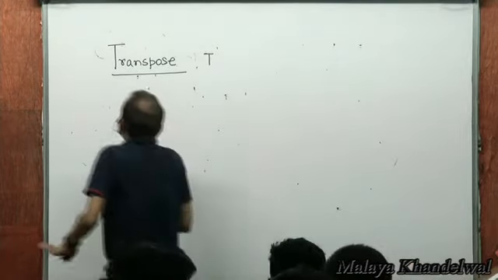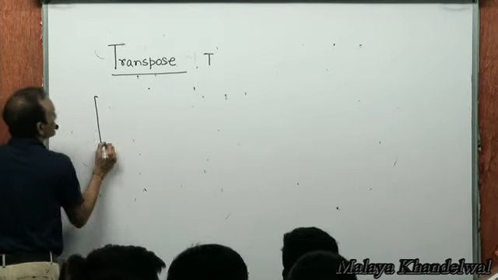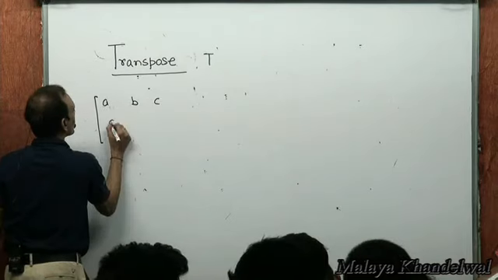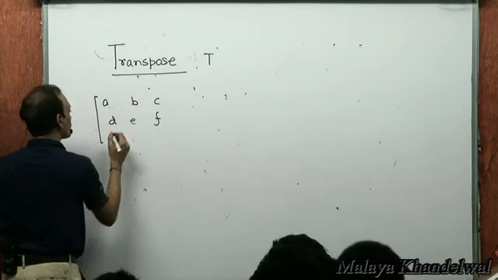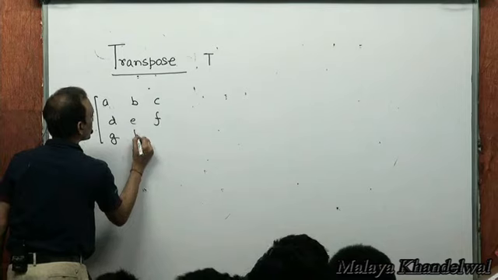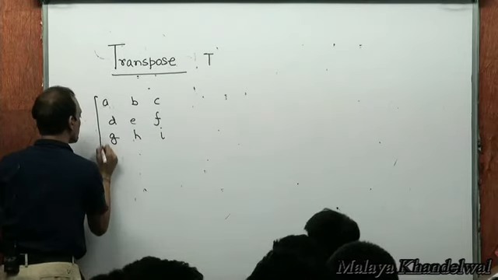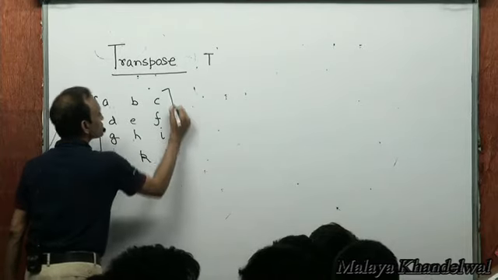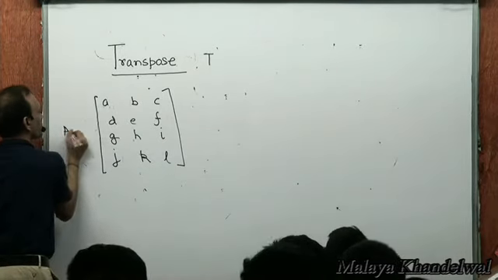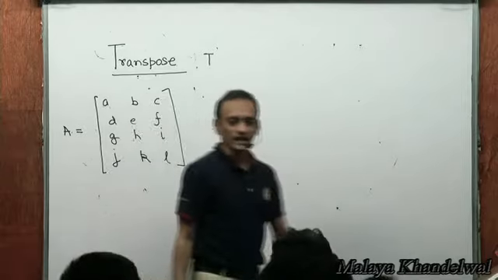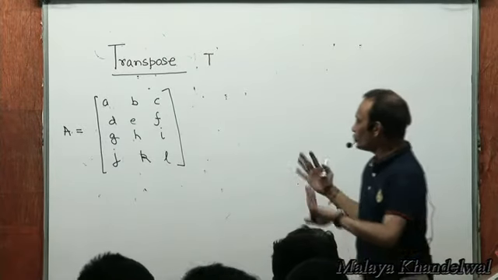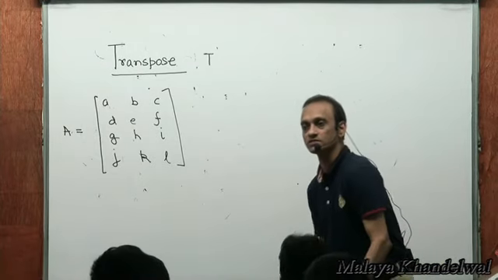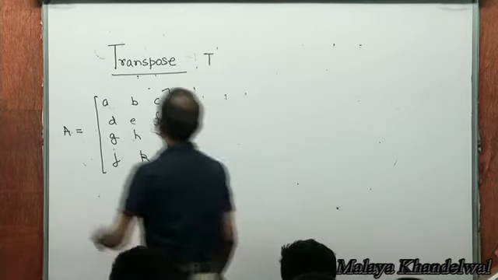So what essentially transpose means is, suppose this is a matrix A. When I say I'm going to transpose this matrix, I convert rows into columns and columns into rows. Right?